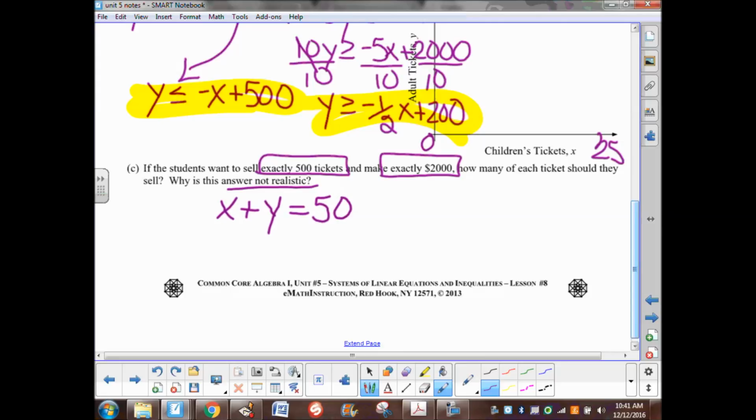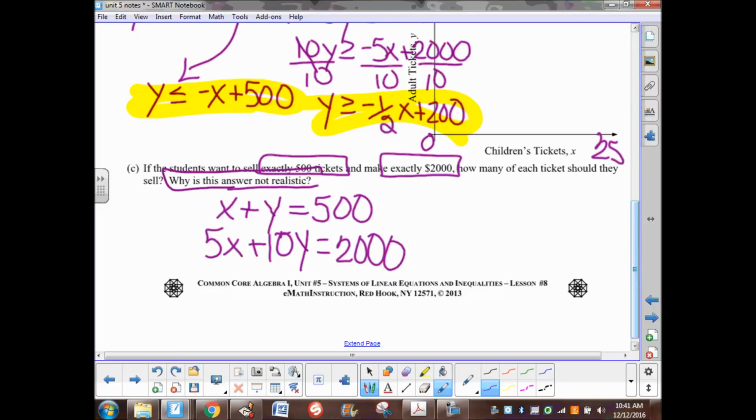Exactly 500 tickets, and our money equation. Take it and solve it for X and for Y, and then come into class and tell me why this is not realistic. Something is going to be a little weird with your answer. So check that out and see what you come up with.